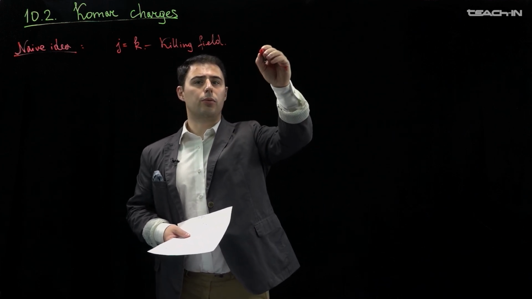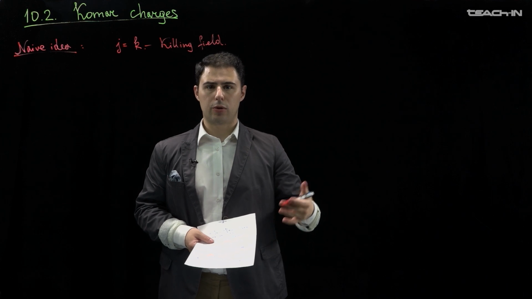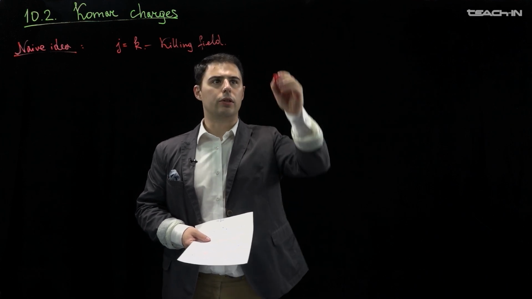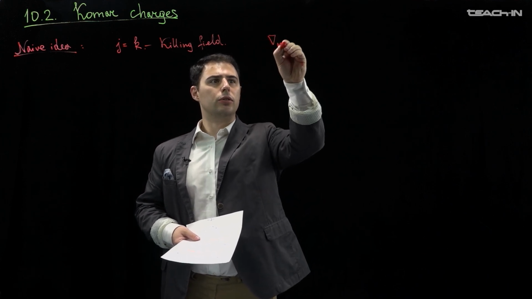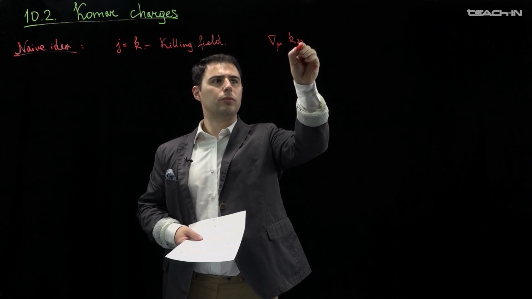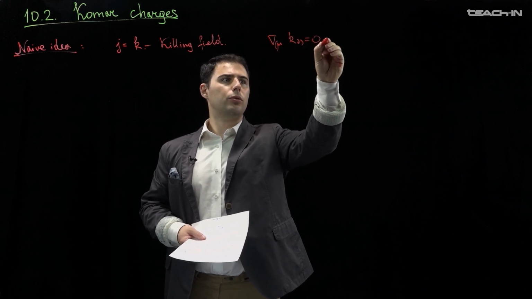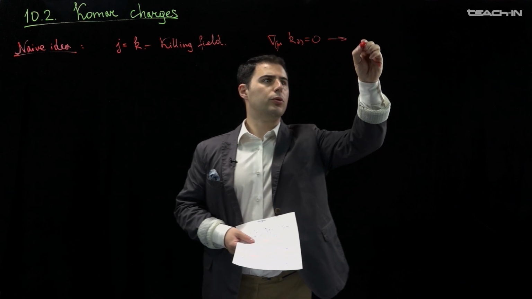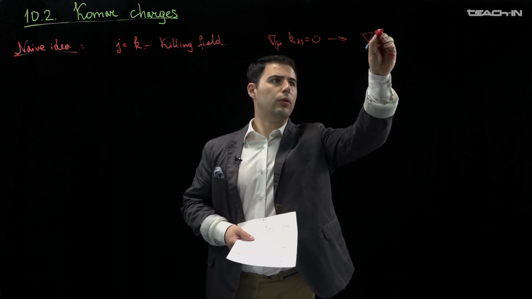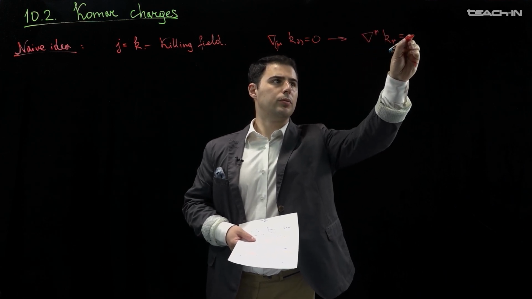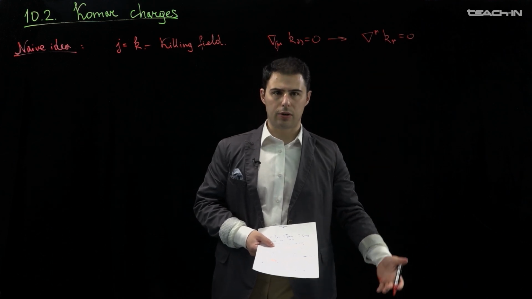If you recall correctly, the Killing field equation is given by nabla_mu K_nu plus nabla_nu K_mu equals 0. In particular, it follows that the divergence of K^mu vanishes, and K^mu is indeed a conserved current.